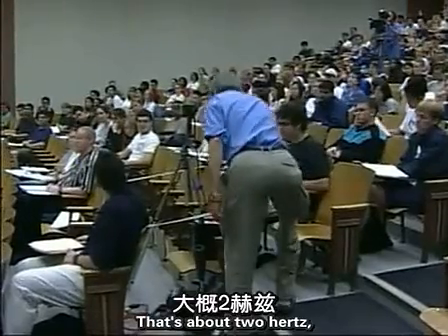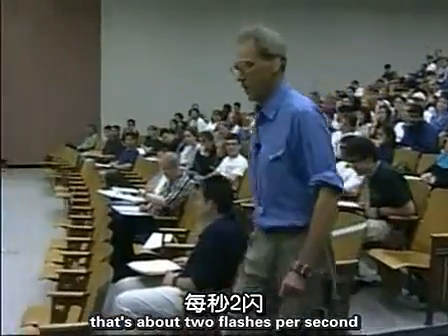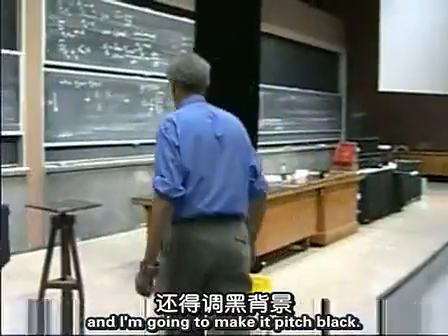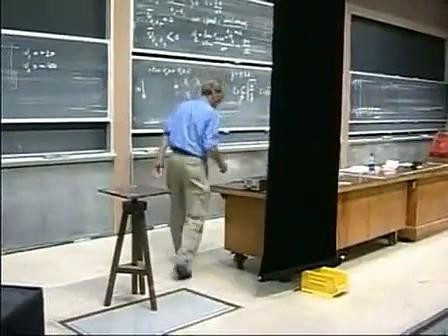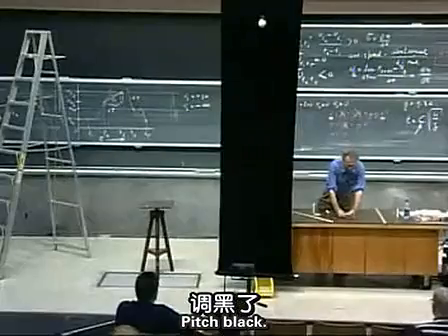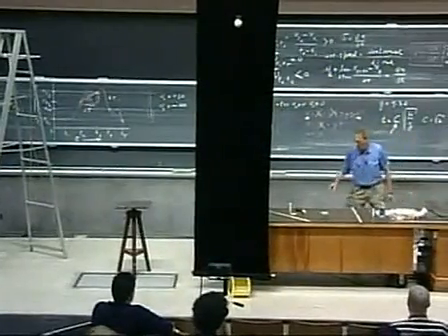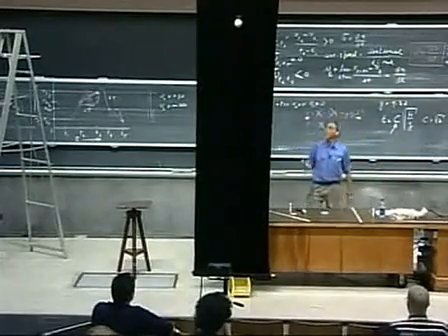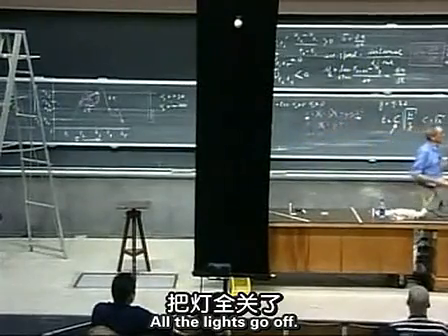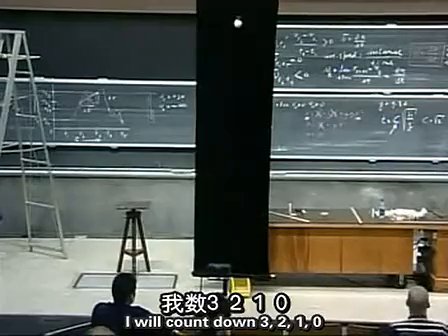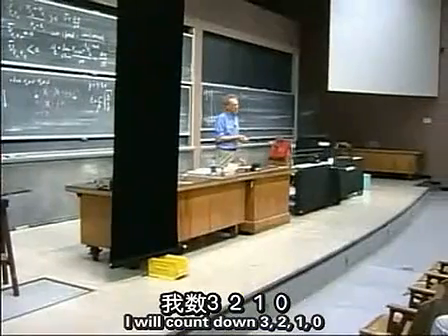That's about 2 hertz. That's about 2 flashes per second. And I'm going to make it pitch black. All the lights go off. I will count down 3, 2, 1, 0.